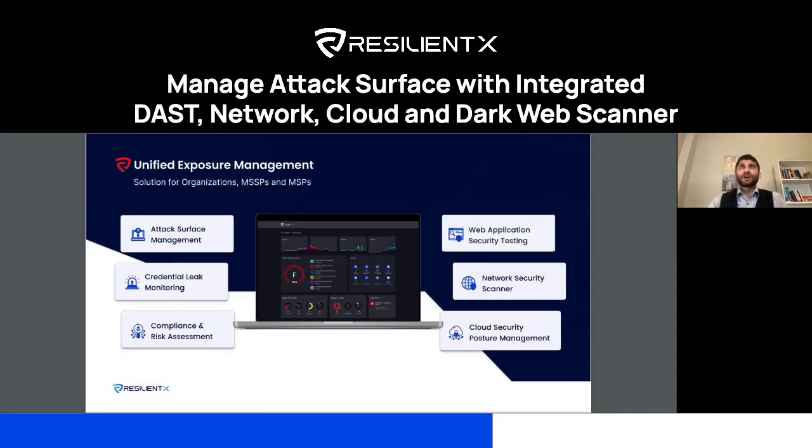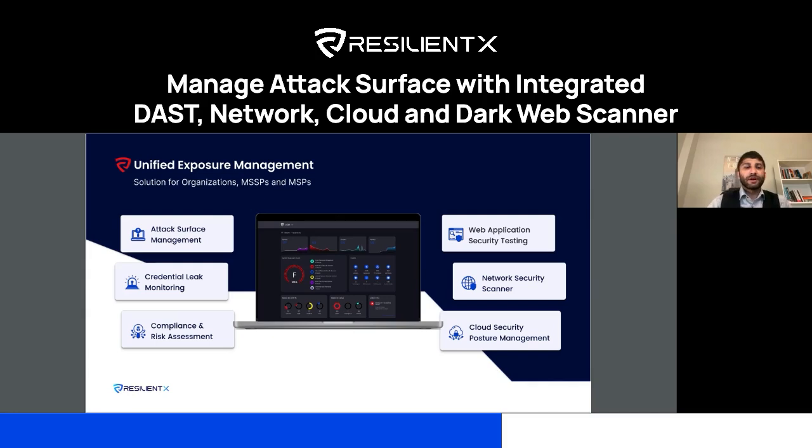So essentially, coming back to Unified Exposure Management, it's a modular platform. As you can see, it has a different set of functionalities. There will also be two new functionalities released next month, which relate to software components and the management of the OSINT data that we find on the web, which we will announce.